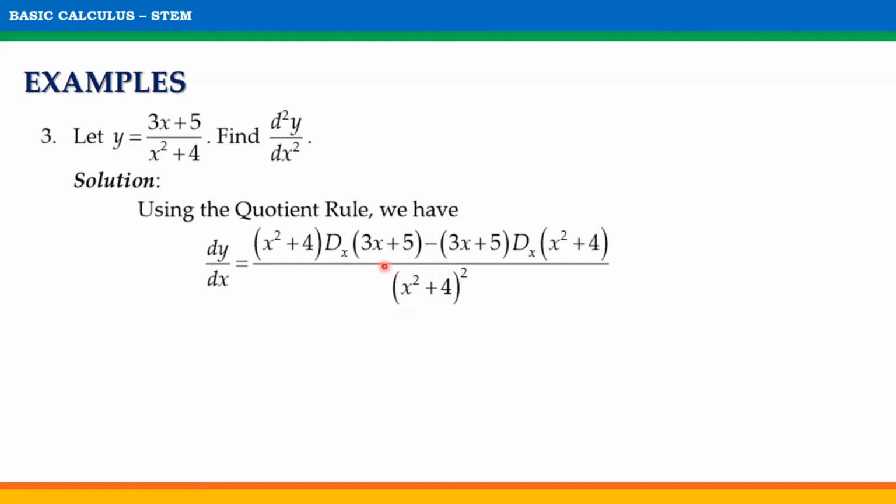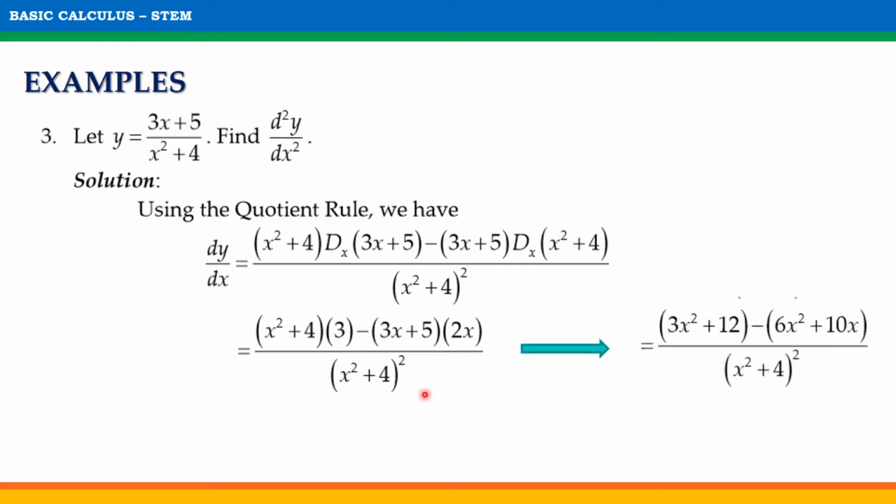Getting the derivative of 3x plus 5 and x squared plus 4, we will have x squared plus 4 times 3 minus 3x plus 5 times 2x all over x squared plus 4 quantity squared.